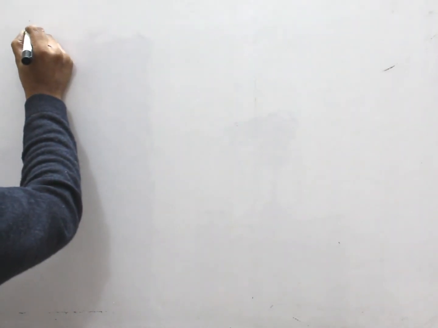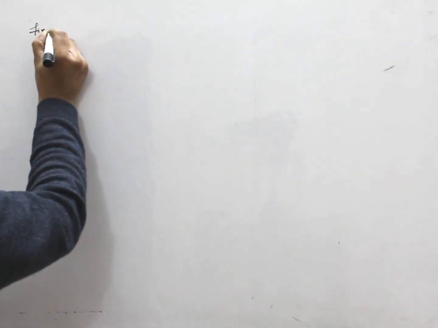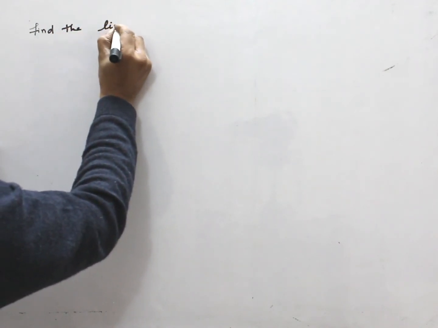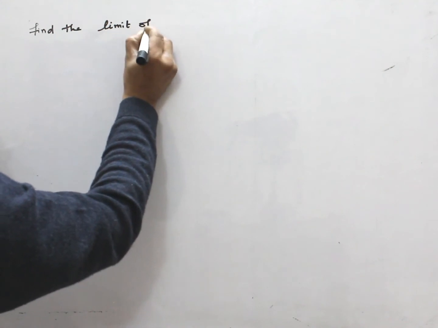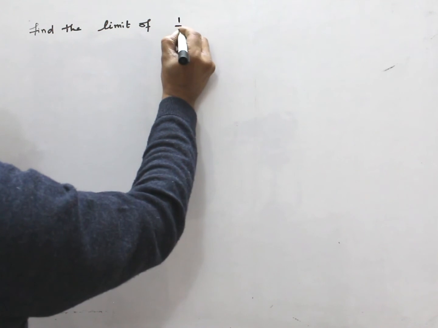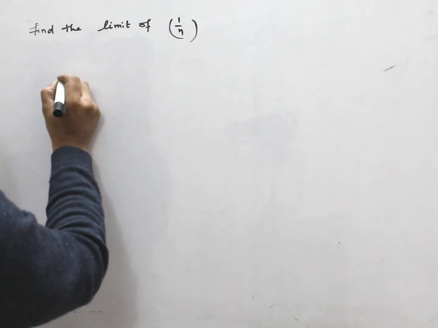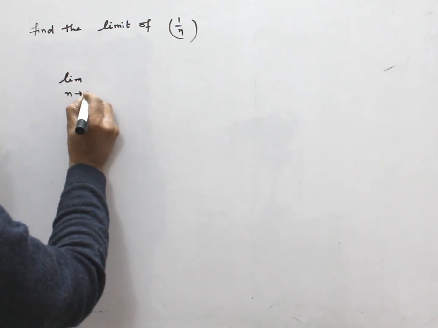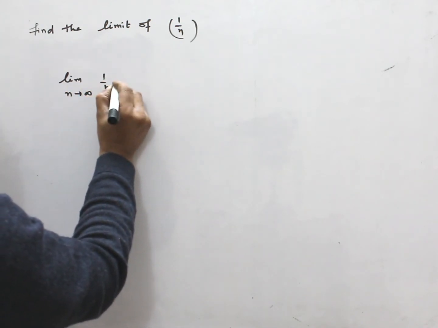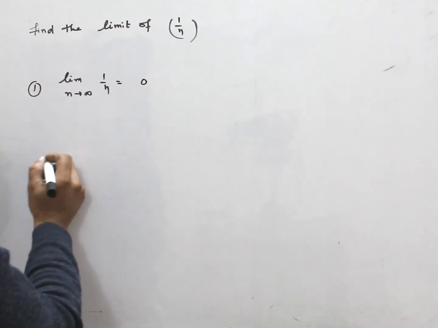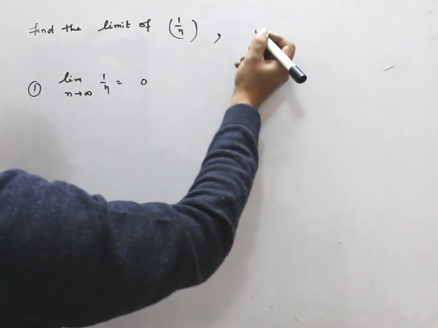Some examples. My question is: find the limit of the sequence 1 by n. Simply we can find the limit as n approaches infinity of 1 by n is equal to 0. This is one example.